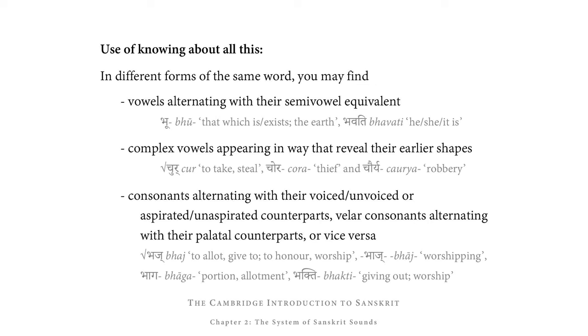So for example, if you know about the link between vowels and their semivowel equivalents, you can then easily see how words such as bhū and bhavati, meaning respectively the earth, that which exists or that which is, and he, she, it is, how these words are related.